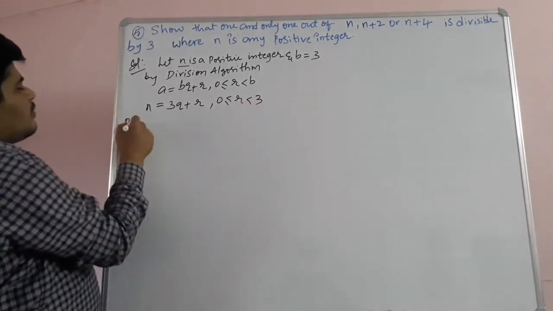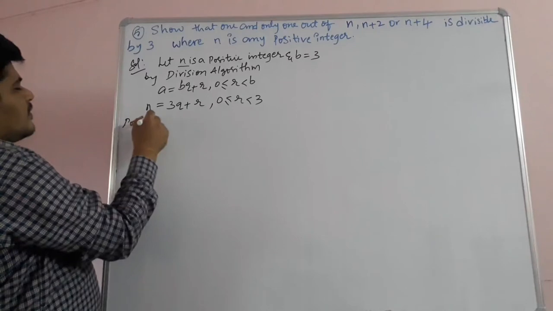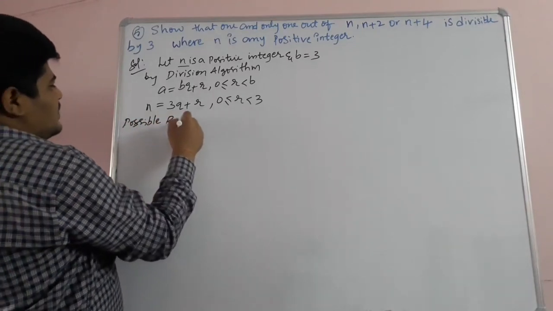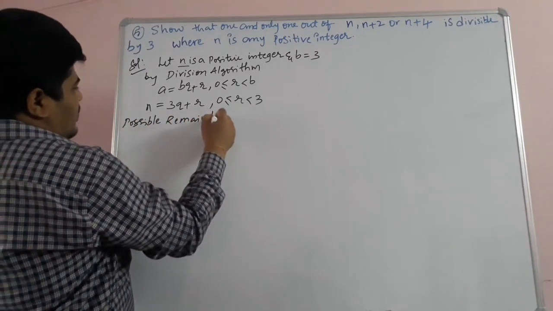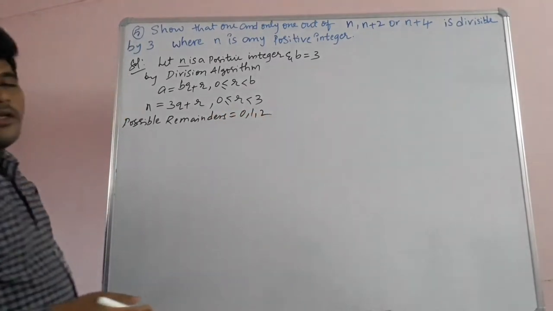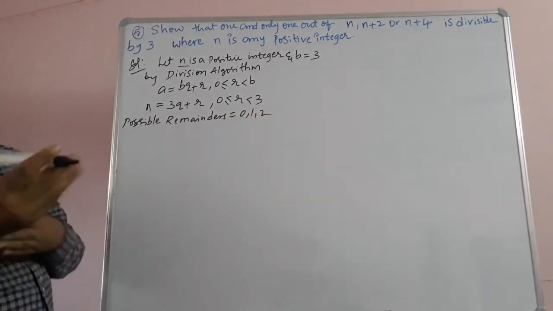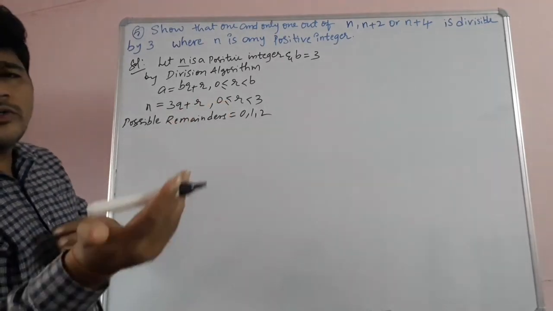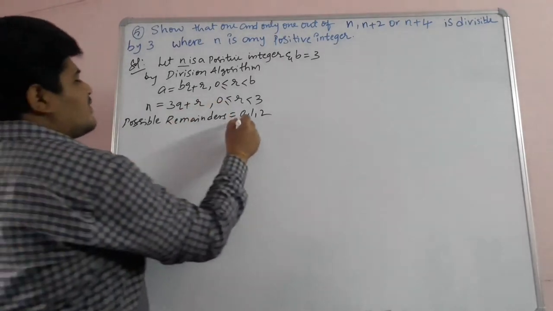What are the possible remainders? Possible remainders are 0, 1 and 2, since less than 3. So children, there are 3 cases.